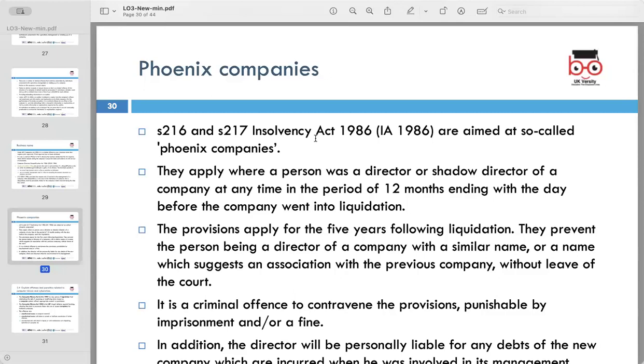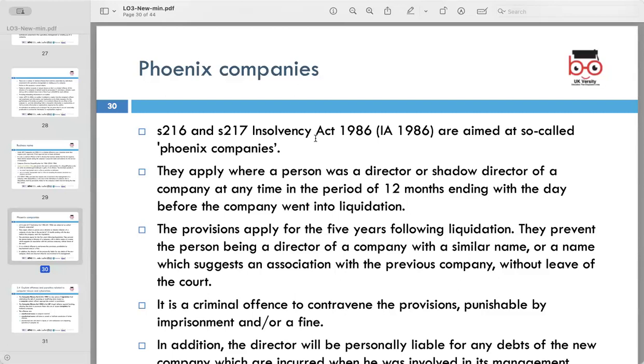Directors or shadow directors of the defunct company within the 12 months preceding liquidation face restrictions for 5 years post liquidation, requiring court approval to be directors of companies with similar names.